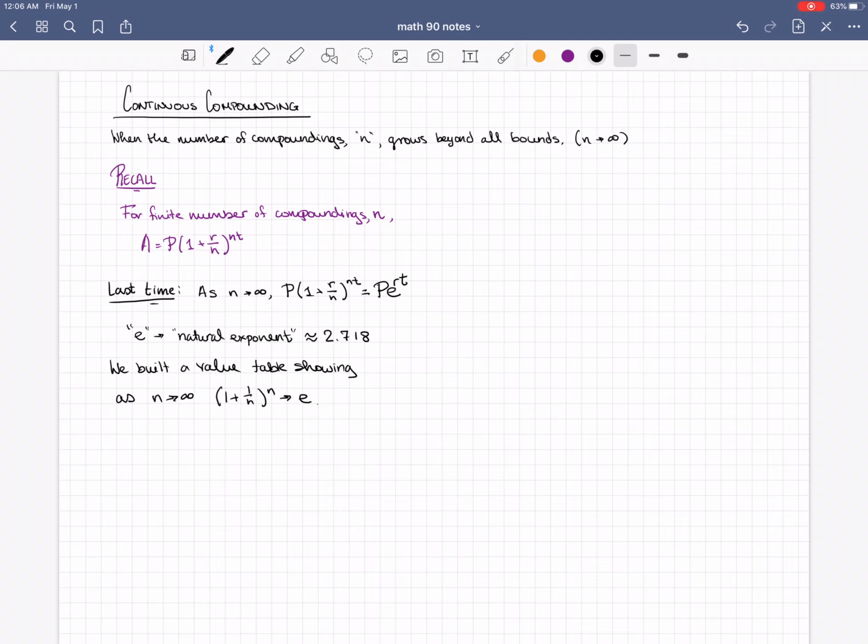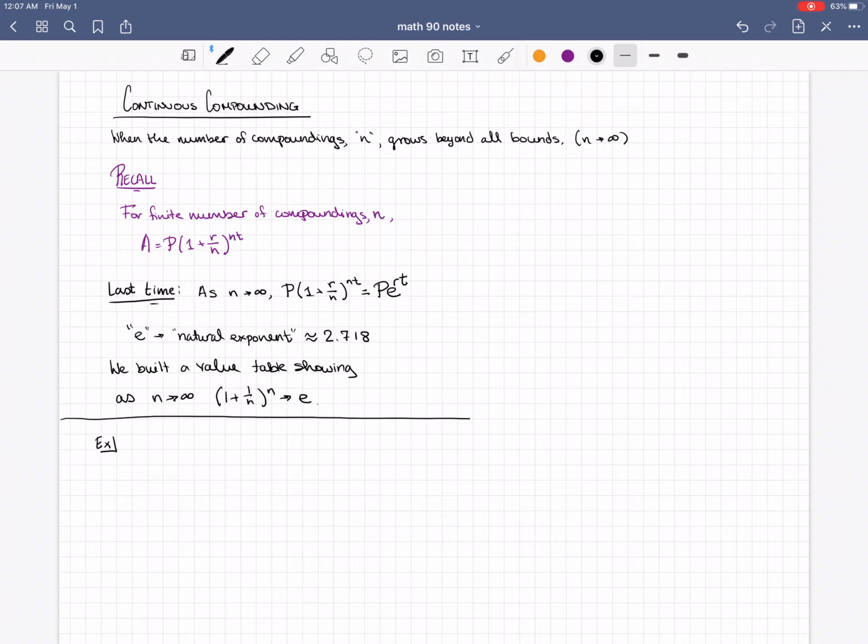So in fact, e is by definition the base of the function that describes this behavior. That's why it's called the natural base or the natural exponent. So I just wanted to play a little bit with this formula, and do a few examples.